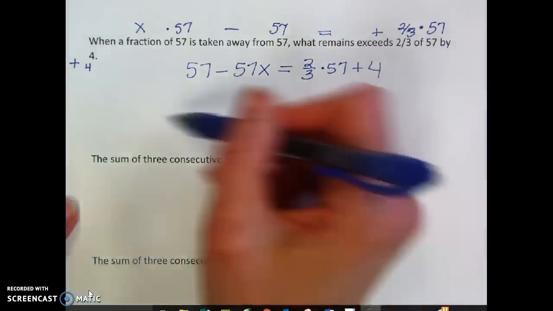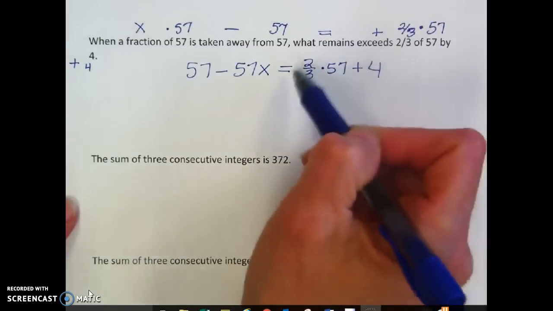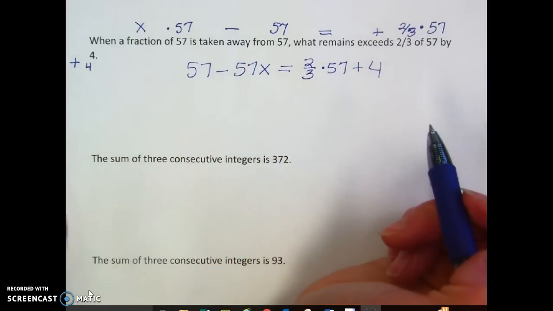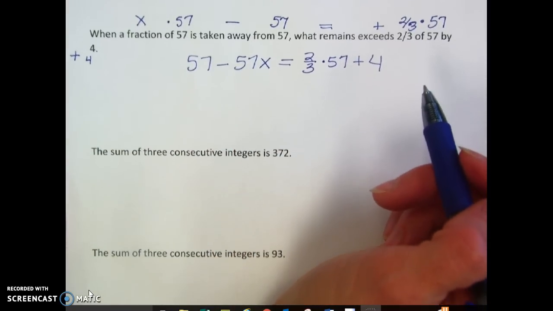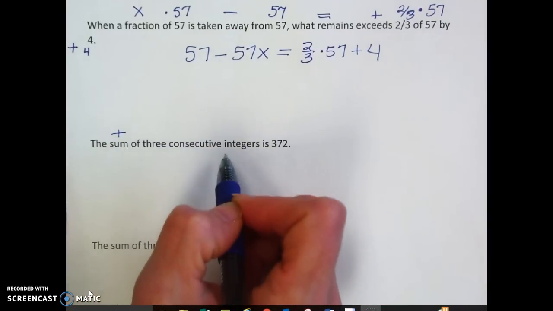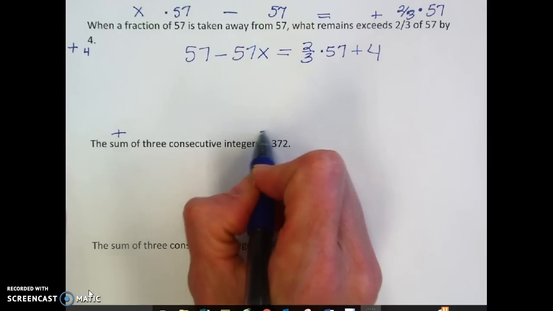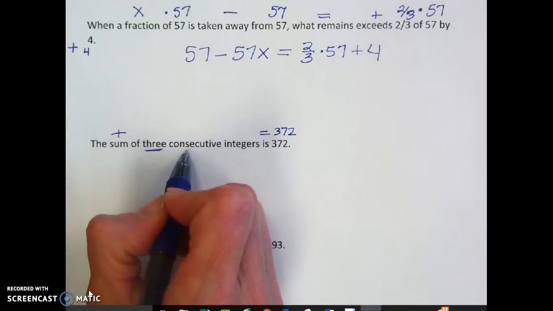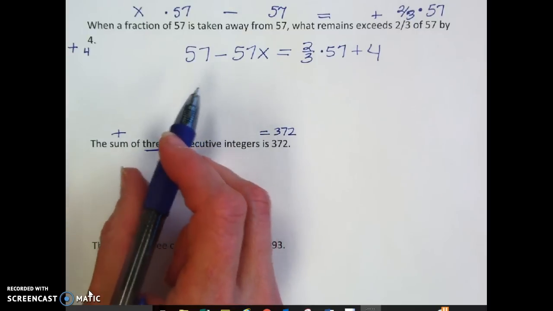So that actually wouldn't be too difficult to work out. We could put this in our calculator and get an answer, and then it would just be 2 steps to solve it. All right, next problem. The sum, which means add, of 3 consecutive integers equals 372. Now, these aren't even and aren't odd, these are just consecutive integers.